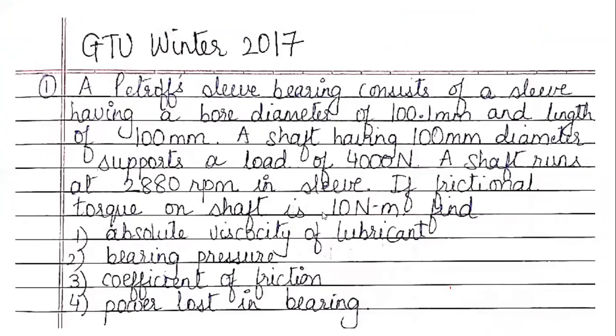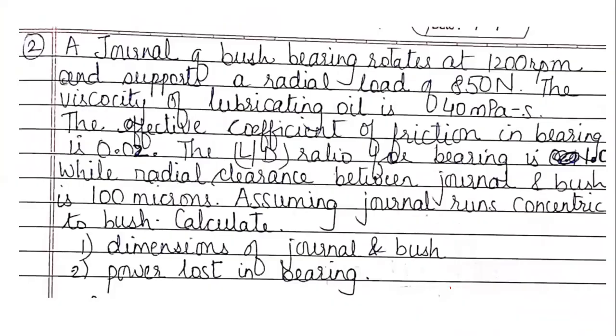Even in the previous numerical, it was already given that it is a Petrov sleeve bearing, so you don't need to worry there. But otherwise, if the word Petrov wasn't given, they have to write somewhere that the journal is concentric to the shaft, like here they have mentioned: assuming journal runs concentric to the bush, that is the bearing.